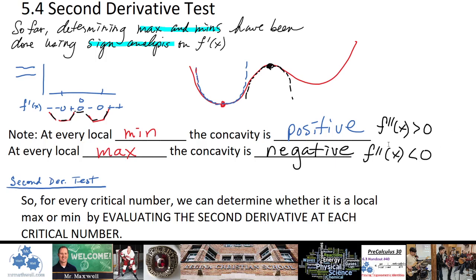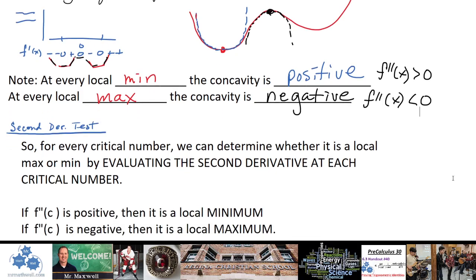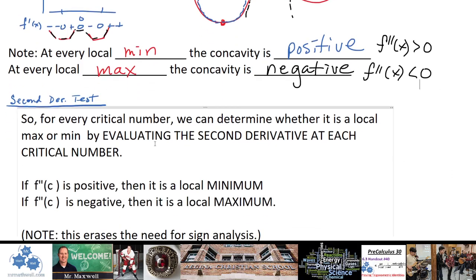All right, so if we notice that, then the second derivative test makes a lot of sense here. It says this: for every critical number, so you remember that critical numbers are where the first derivative equals 0 or is undefined, we are going to be able to examine those because that's where the local max or mins will happen.